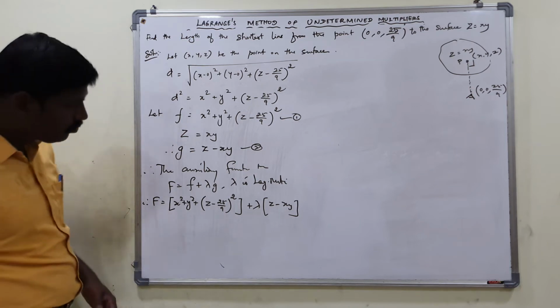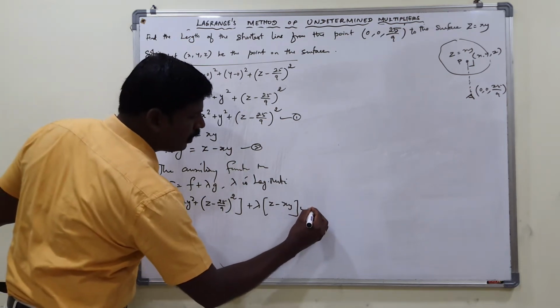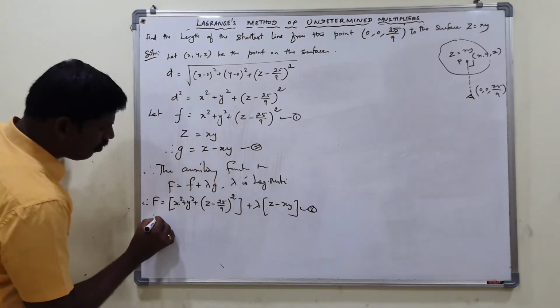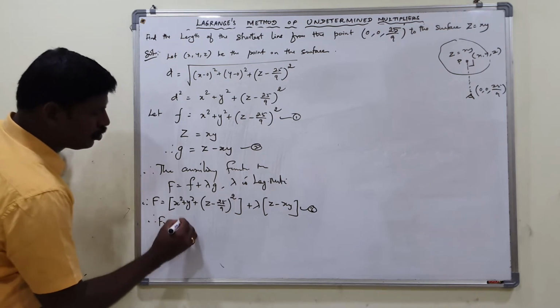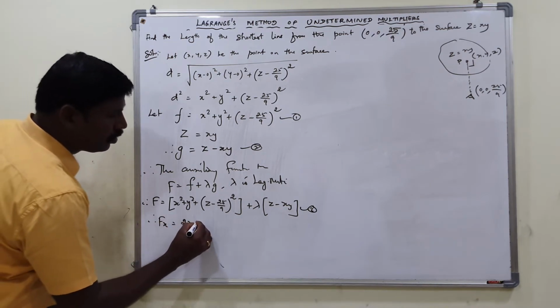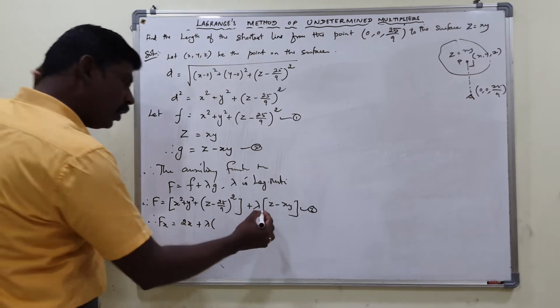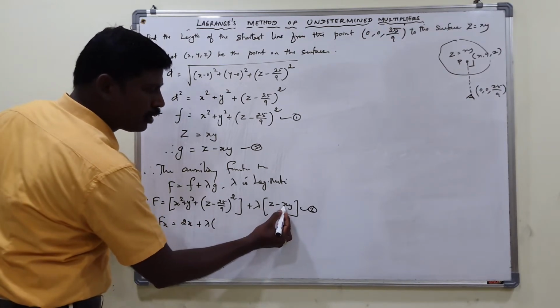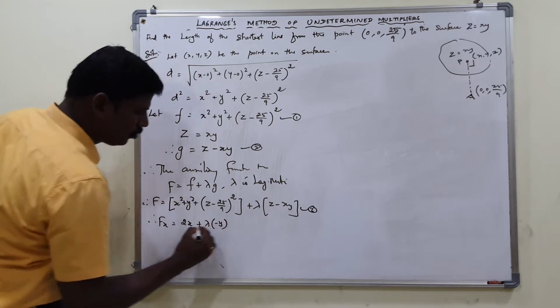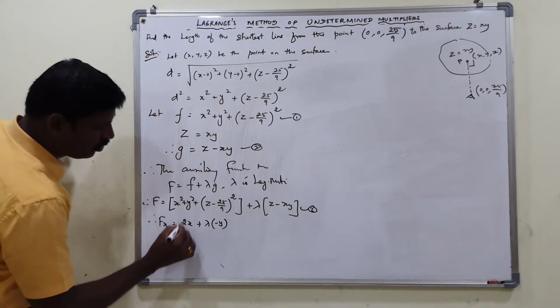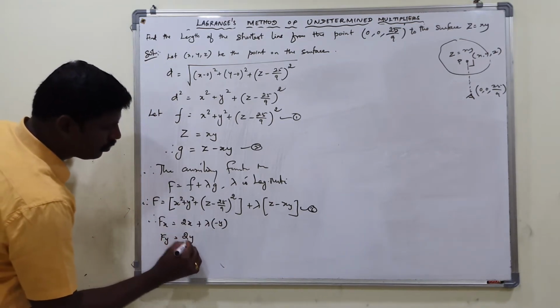Okay, I call it as equation number 3. So therefore, what is fx? 2x plus lambda into what? This becomes 0, the x becomes 1 minus y. What is fy? This becomes 2y.